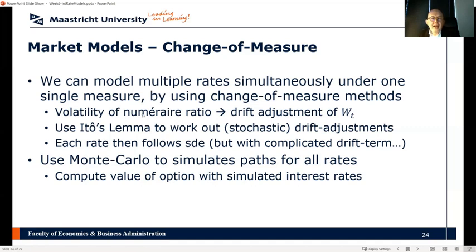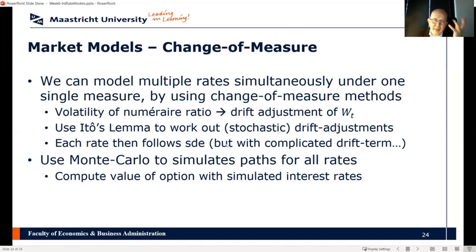And the numeraires are traded assets in the economy, so I can use Ito's lemma to work out what the volatilities are of these numeraire ratios. Therefore, I can use Ito's lemma and Girsanov's theorem to work out explicitly what these drift adjustments are. And if I do this carefully, then I can determine what the stochastic differential equation is for each individual rate under the same probability measure.